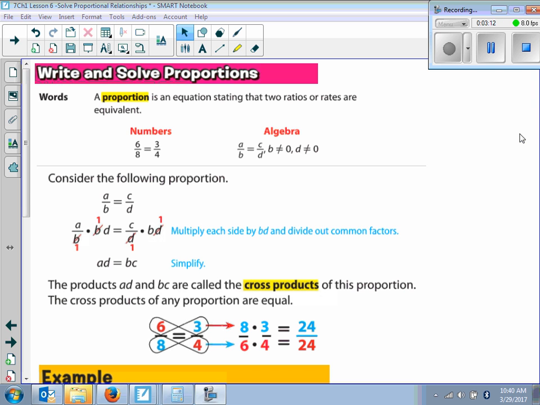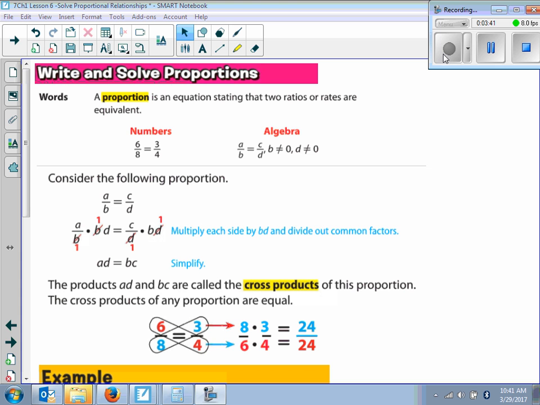So if I set them in an equation equal to each other, that makes that whole thing a proportion. Okay? So a proportion is an equation that states that 2 ratios are equivalent. For example, here we have 6/8 is equal to 3/4. Those are a set of equal ratios, so they form a proportion.